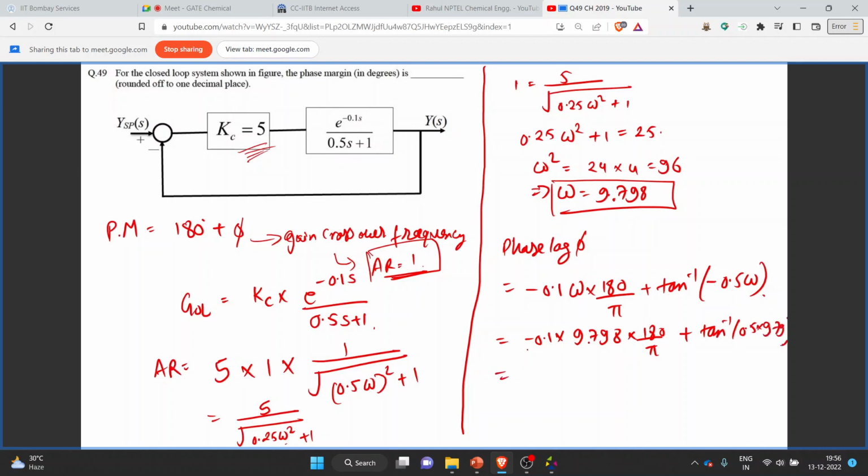So this will be equal to minus 56.13. This tan inverse, minus of this entire term, will be equal to minus 78.46. So the phase lag we will be finding as minus 134.60.